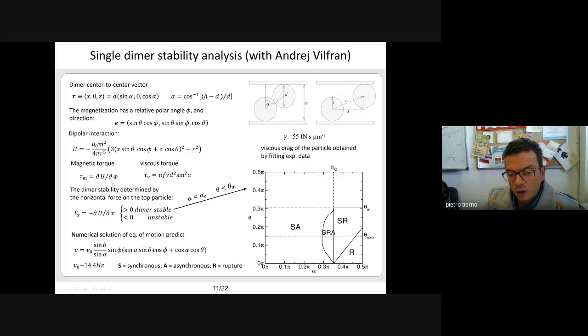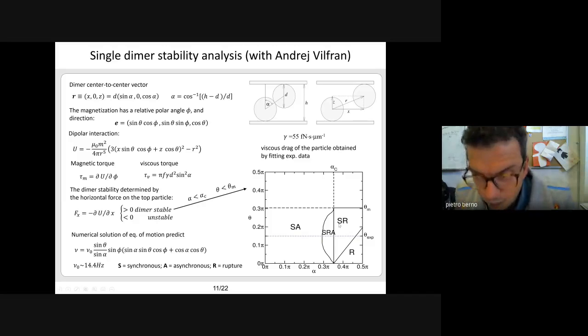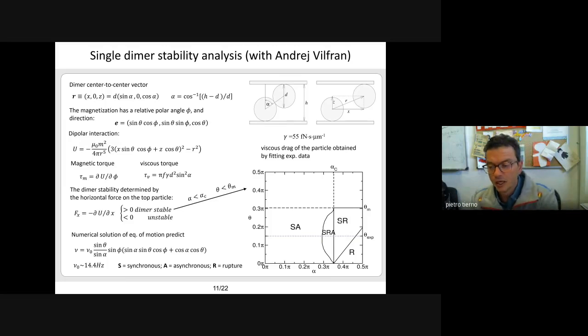And then he can numerically solve the equation of motion, and then he made a linear stability analysis, and he can come up with a phase diagram that describes the transition from a synchronous dynamics to an asynchronous one. Here you have SA, asynchronous dynamics, to rupture, synchronous rupture, asynchronous or only rupture, and so on.